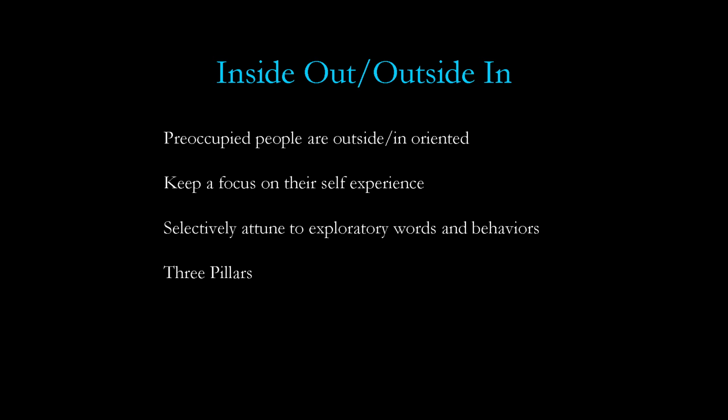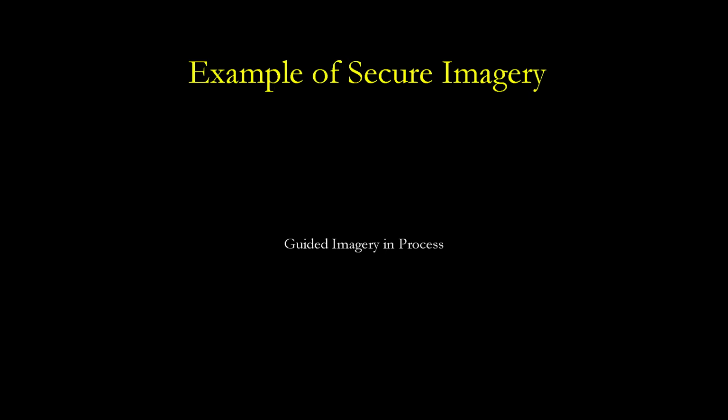This allows the preoccupied person to begin to think about exploration as a possibility. This is also done within the 3 pillars system. As an example, I will read a script of a generic session one might have with a preoccupied adult within the ideal parent figure and 3 pillars framework.